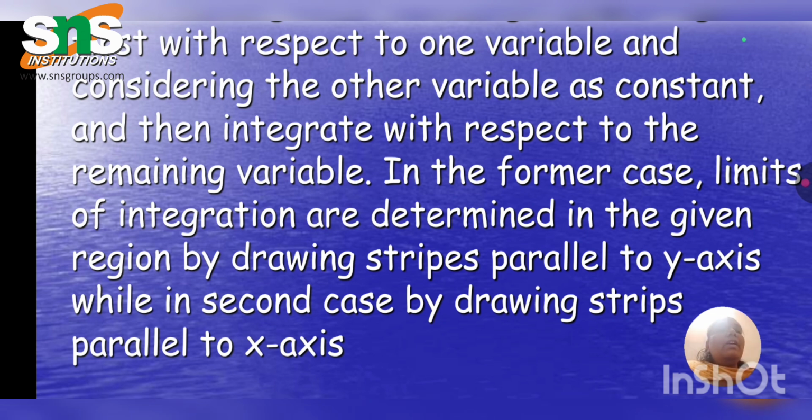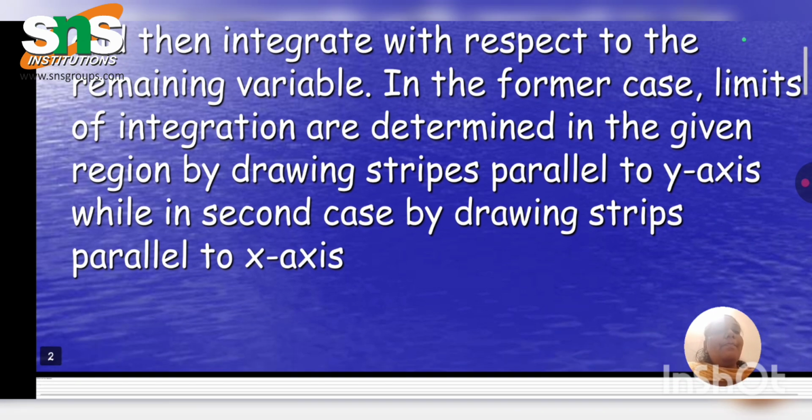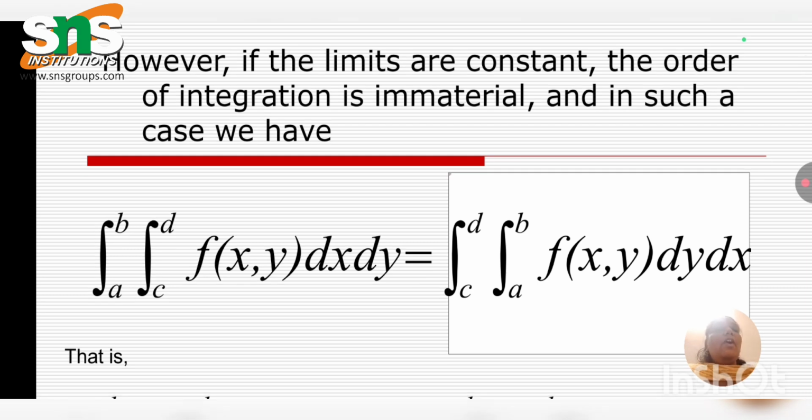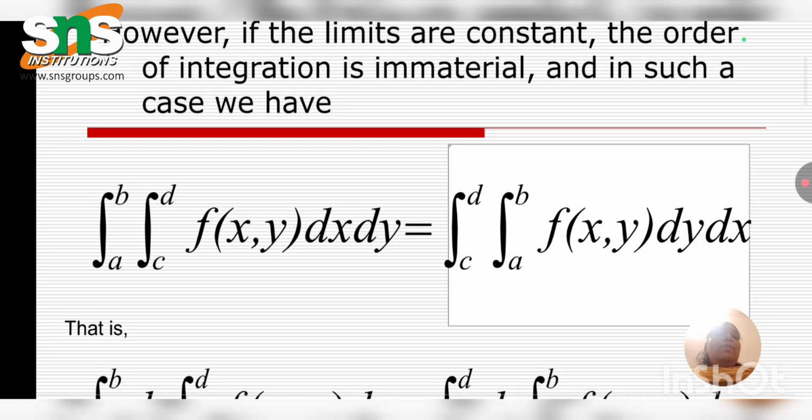In the former case, the limits of the integration are determined in the region by drawing strips parallel to the y-axis, while in the second case we draw strips parallel to the x-axis. However, if the limits are constant, the order of integration is immaterial. In such a case, we have the limits c to d and a to b.